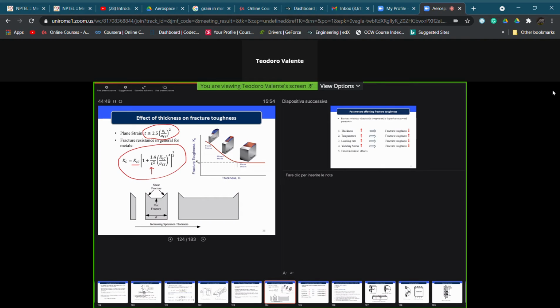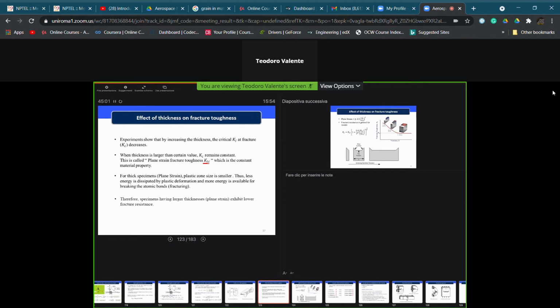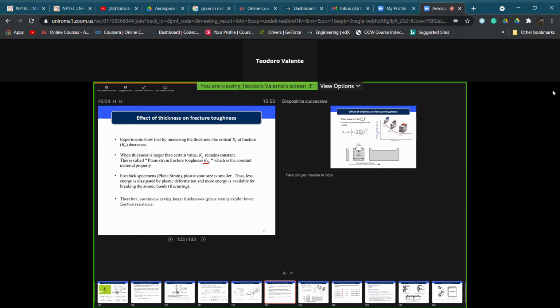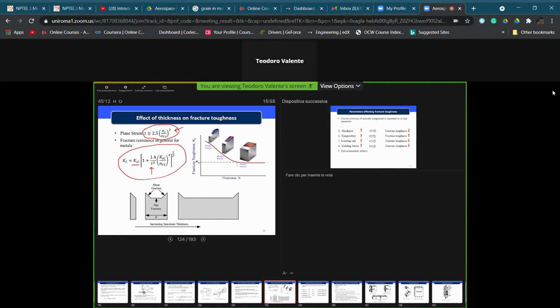So when the thickness is higher than this condition, we are in the hypothesis which can be considered true of plane strain. And when we are in plane strain, we do not have dependence of the fracture toughness on the specimen thickness.